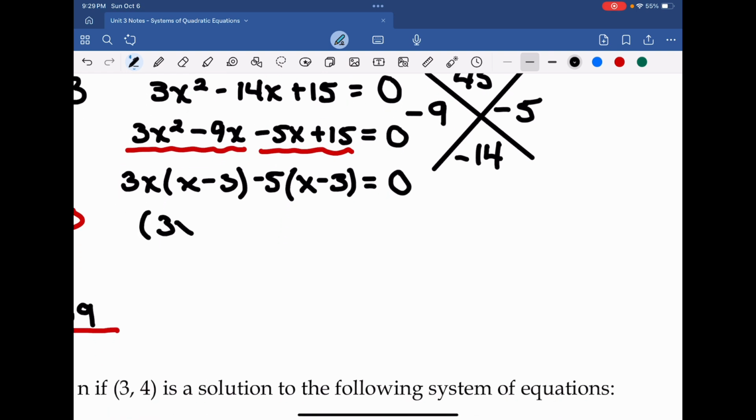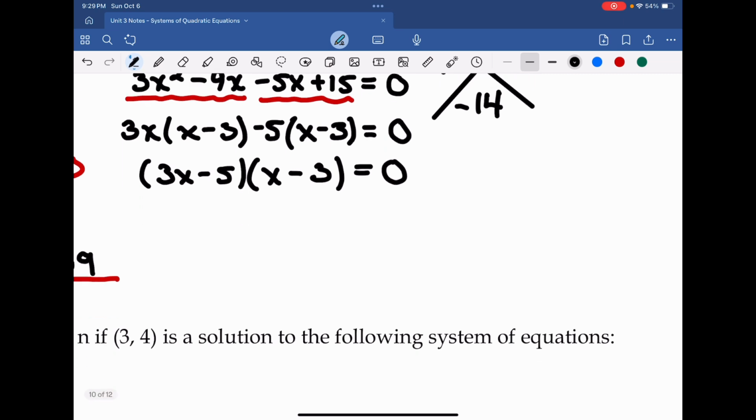Now I'm going to write the outside terms as one binomial and the inside terms, or the shared terms, as one, not the insides, but the shared term. Now that we have these two binomials, we're going to separate them and make them both equal to 0. 3x minus 5 equals 0. And then our other binomial will be x minus 3 is equal to 0.